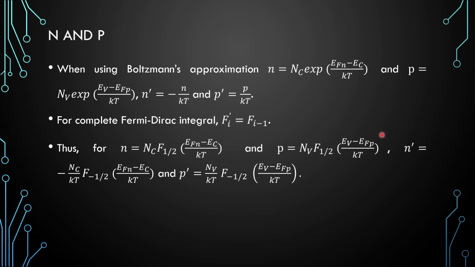So in this case, N and P can be expressed using the Fermi-Dirac integral of order 1 over 2, and their derivatives are expressed using the Fermi-Dirac integral of order minus 1 over 2.